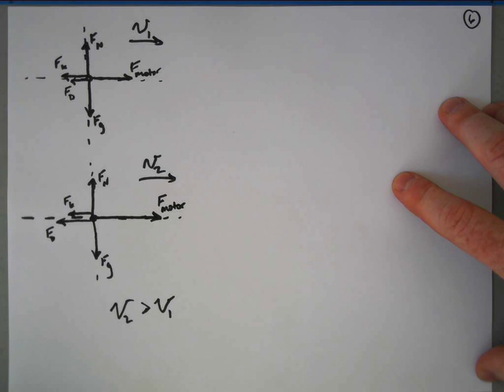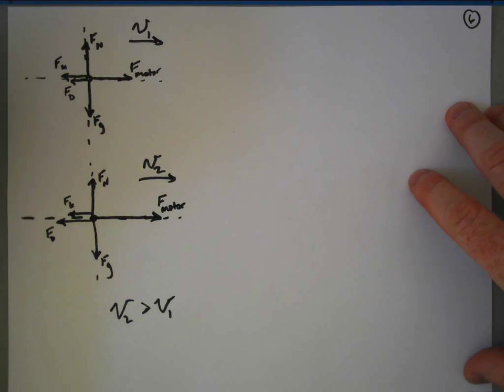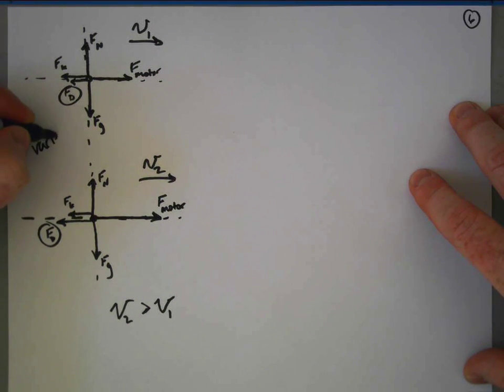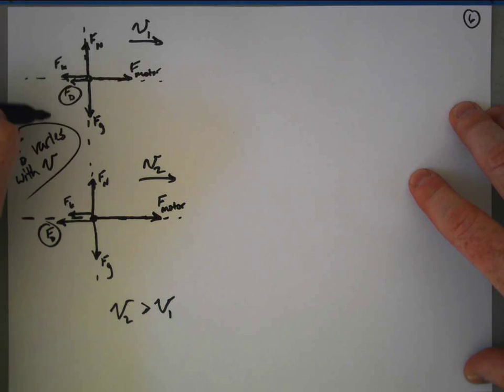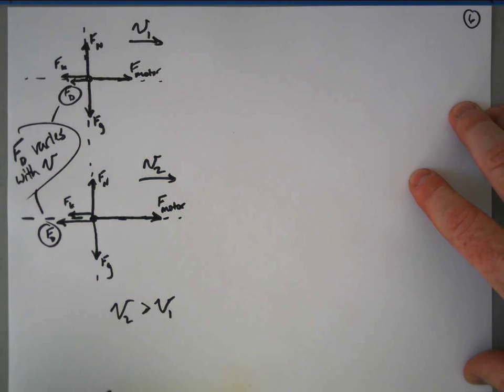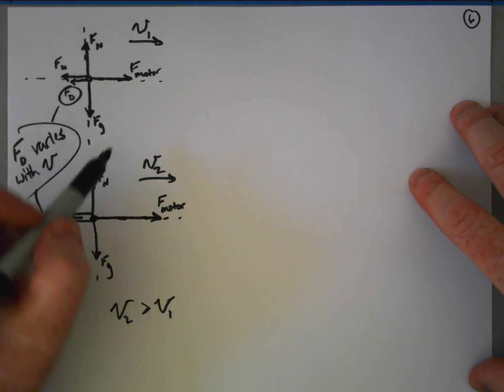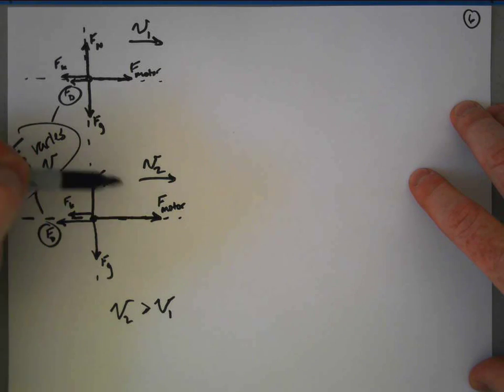And so what we see is that our drag force varies with velocity, and because of that, the force produced by the motor has to change.